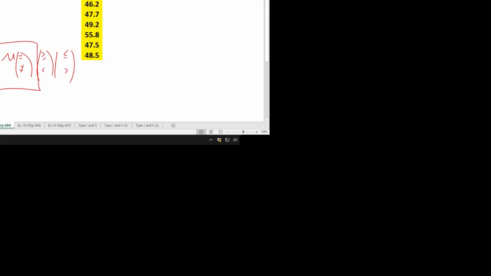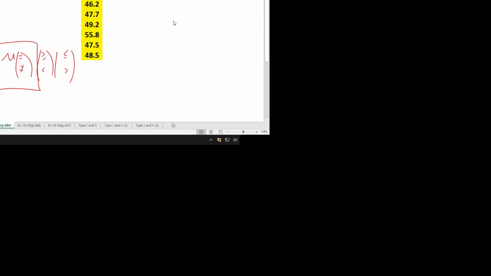Not good for the customer. If the mean is greater than 50, the process is not okay either. It's overfilling the bags. It's not good for the producer, not good for Jeff. So they want to ensure that the average fill weight is exactly equal to 50. So this is a two-tailed test.